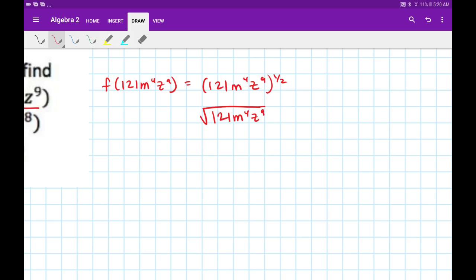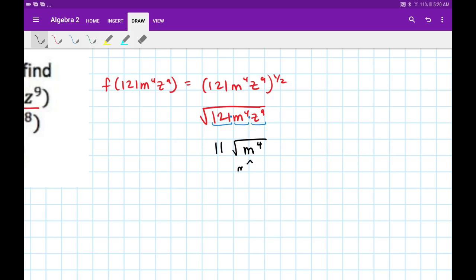So we're going to take the square root of each factor, or each piece that's being multiplied here. And there are 3 of them. 1, 2, 3. We'll take the square root of them all separately. So the square root of 121 would be 11. Now the square root of m to the 4, think about it.